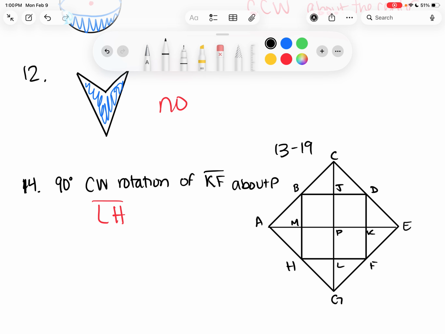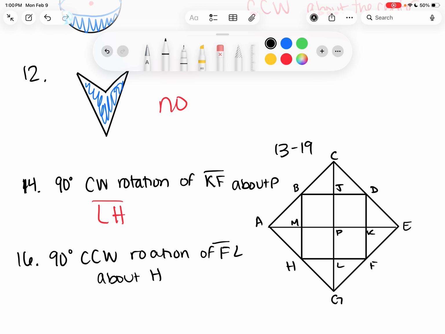All right, 16. 90 degree counterclockwise rotation of FL about H. So FL's right here, and it's about H, and it's going counterclockwise.